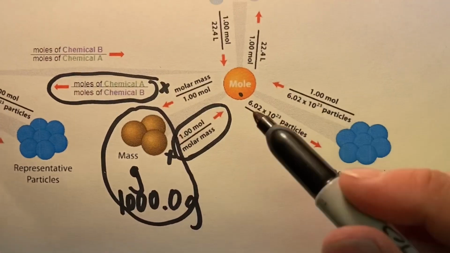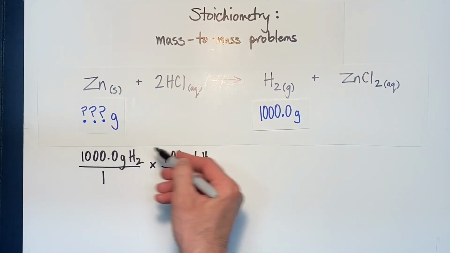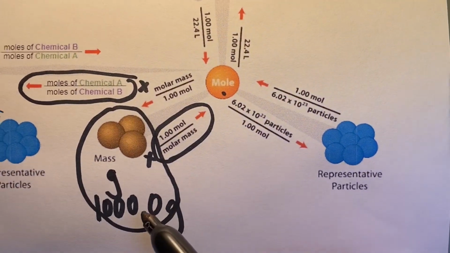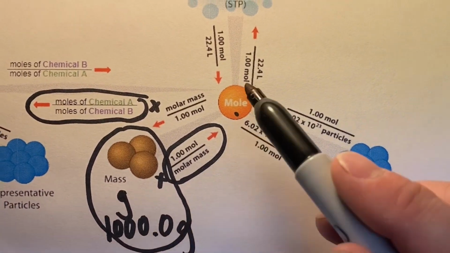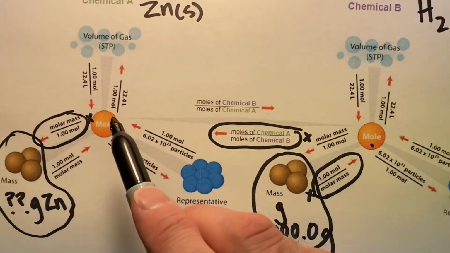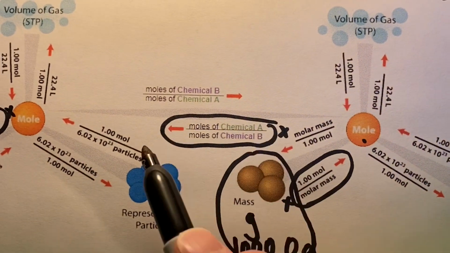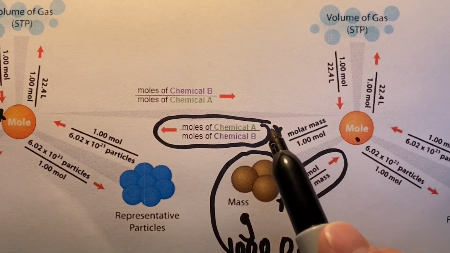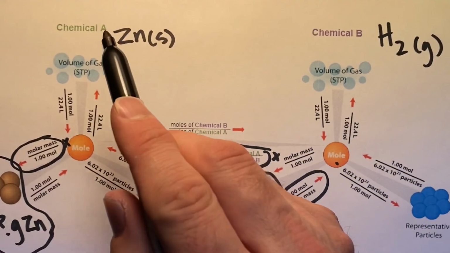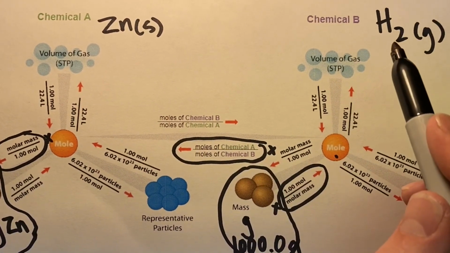Next step. Now, if we stop right now, if we just write equals and multiply and divide, we will have changed grams of H2 to moles of H2. Now we need to change moles of H2 to moles of zinc. And we do that by multiplying by the molar ratio, or mole to mole ratio. And it says here that we need to write the moles of chemical A, zinc, over moles of chemical B, hydrogen.